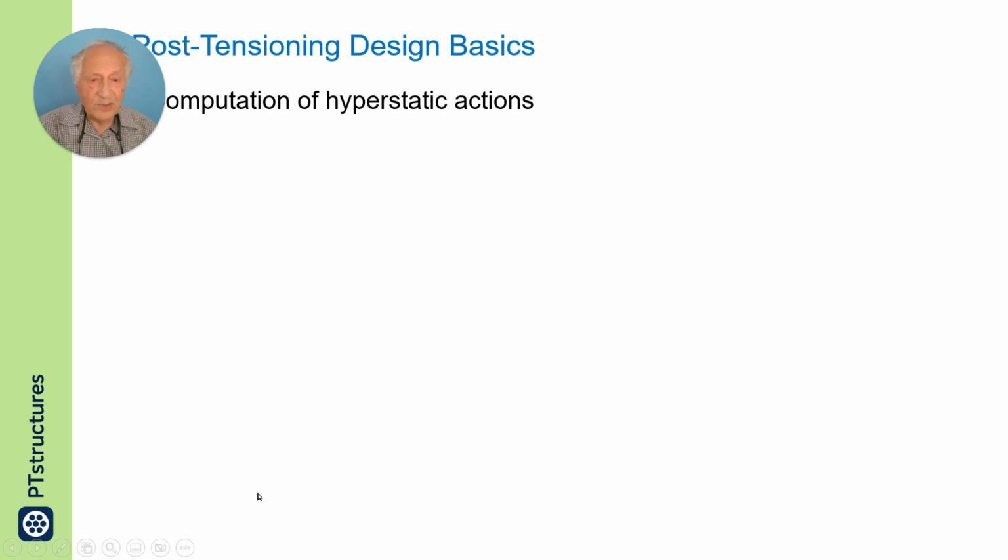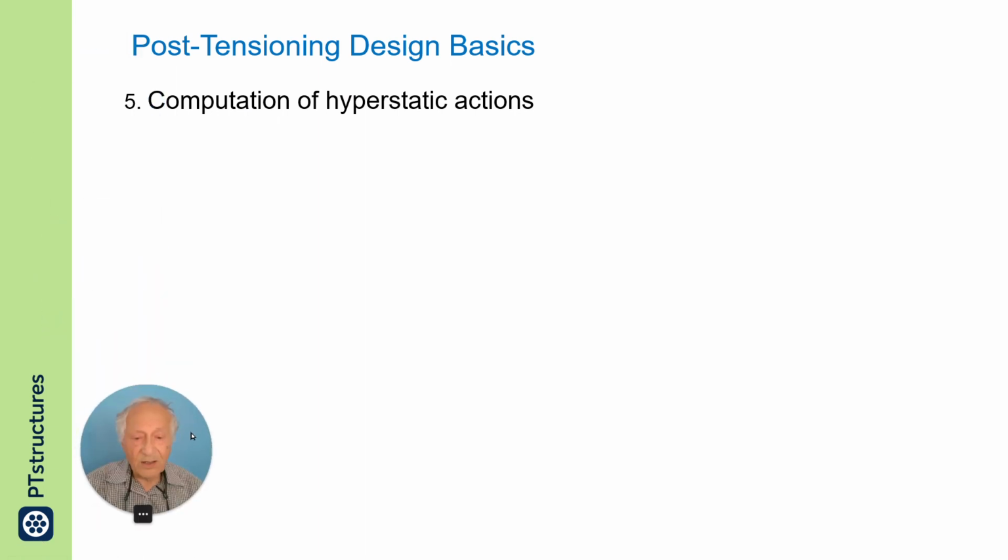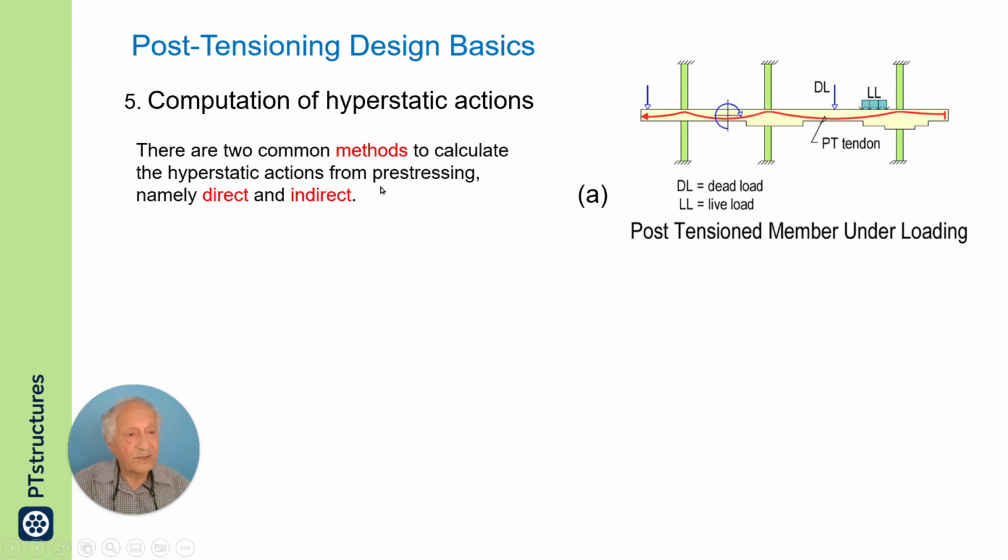Now that we know about hyperstatic, how hyperstatic actions are calculated. The standard method of calculation, the universal method of calculation, which applies to slabs, multi-story, bridges, everything, is the direct method.